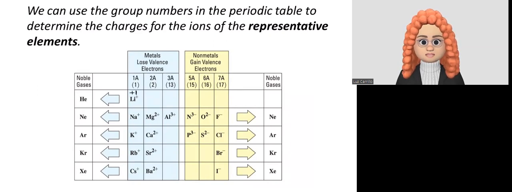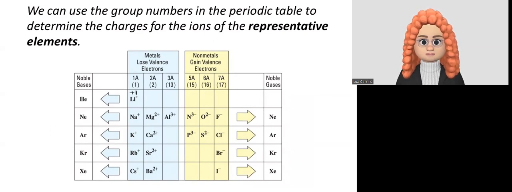In group 2A, we have magnesium, calcium, strontium, and barium. Their group number is 2A, so that's why we observe that all of them make that +2 charge.